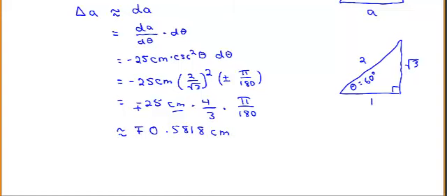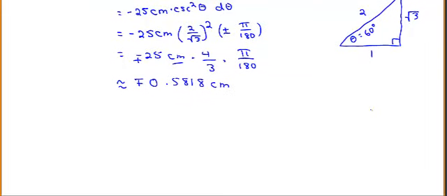Now the question is, is that a good error or a bad error for this computation? Well, it would depend on the size of the adjacent side. If the adjacent side were 200 centimeters, 1/2 a centimeter would seem pretty good. On the other hand, if the adjacent side were 3 centimeters, then an error of 1/2 a centimeter would be kind of a big error.